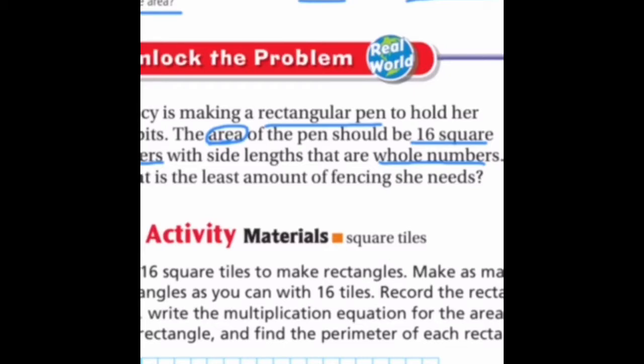And then finally, the big question is, what is the least amount of fencing she needs? So what we're trying to find is a rectangle with an area of 16 that has the smallest perimeter. So the least amount of fencing would go around the outside, so we want the smallest perimeter we can come up with.